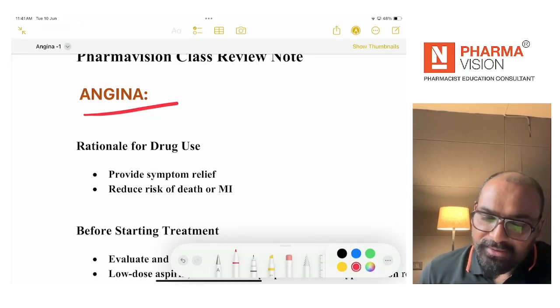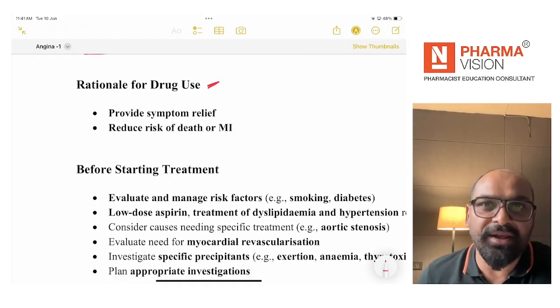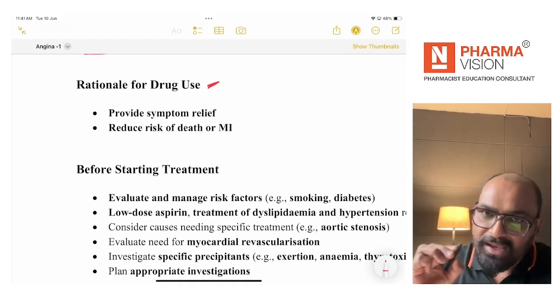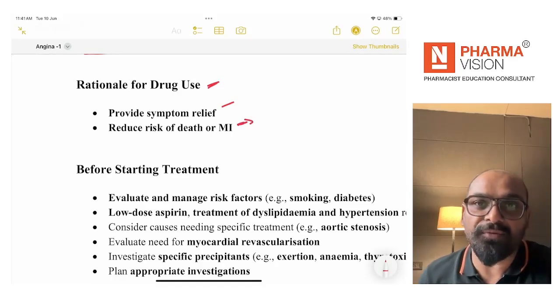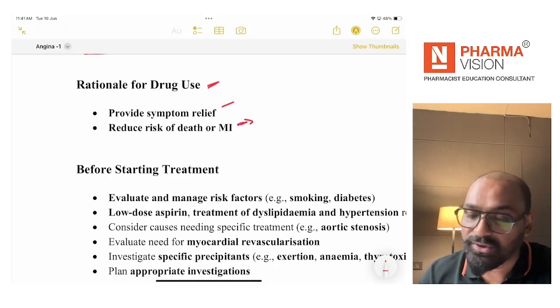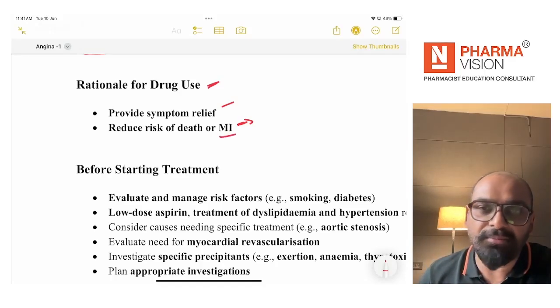First of all, what is the primary objective of using the medication for the management? Our primary objective is definitely relieving the symptoms, and the most important is to reduce the risk of death and myocardial infarction. Means the progression of angina is myocardial infarction.